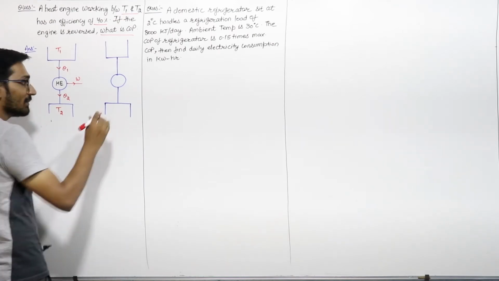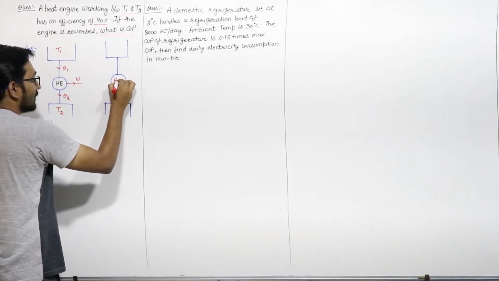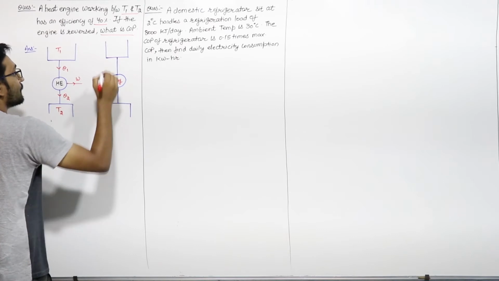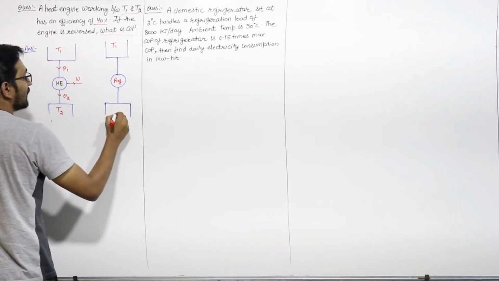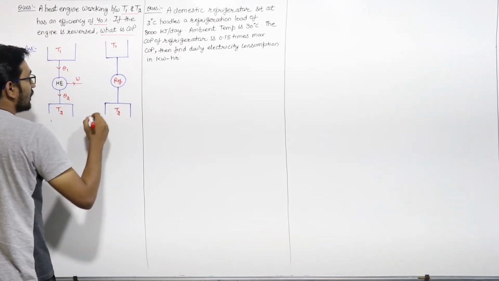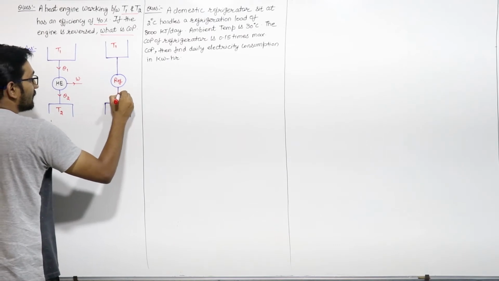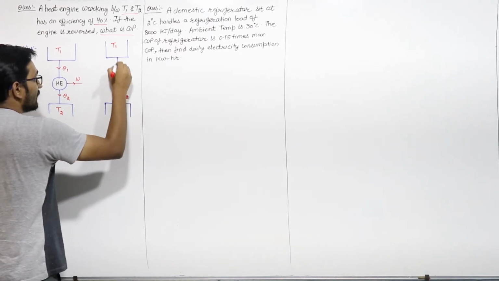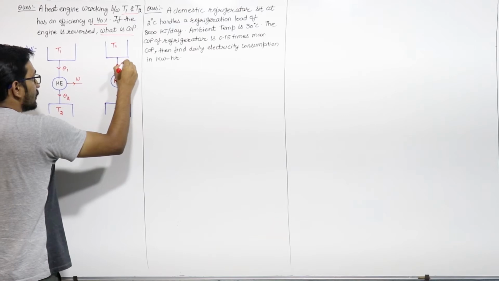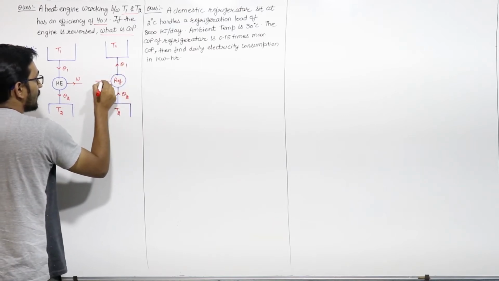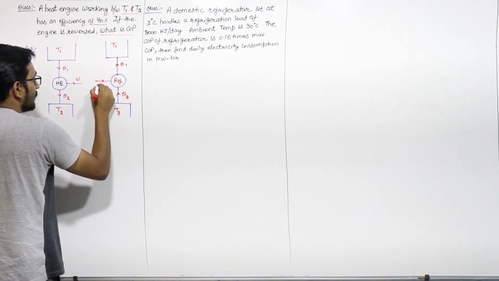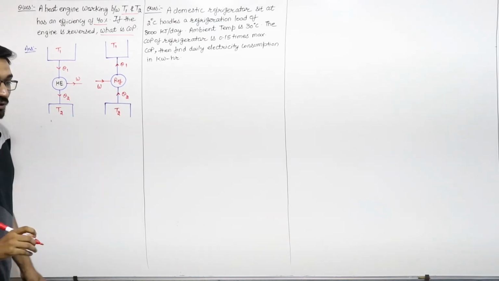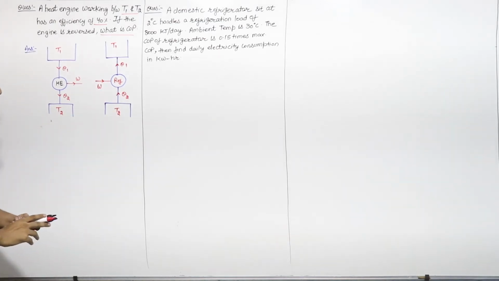This is some refrigeration cycle, let us say. Here the temperature is T1, here the temperature is T2. Now if I reverse the direction of heat flows, so this is Q1 and it consumes the work, let us say W. So we have to find what is the COP of this refrigeration cycle.